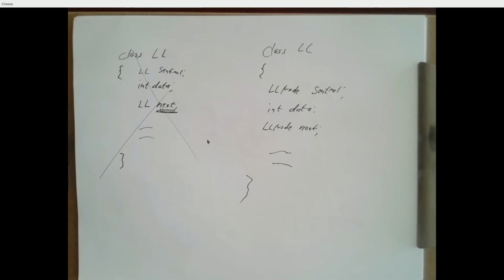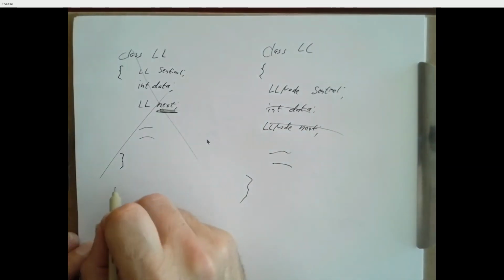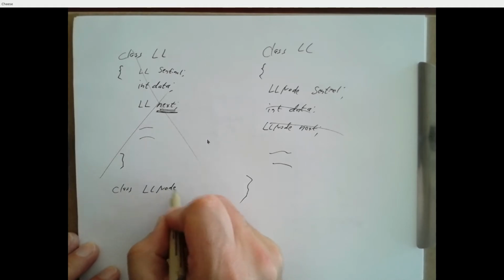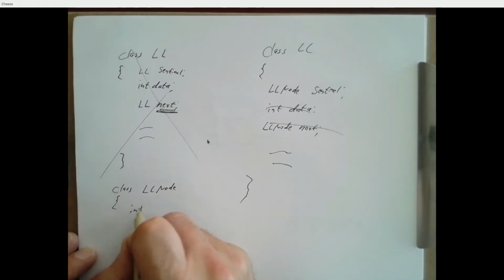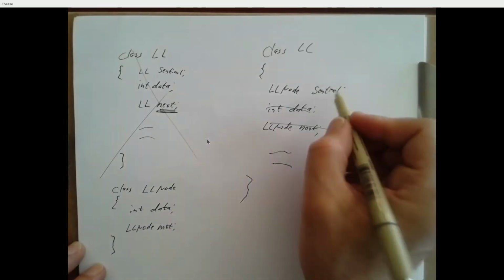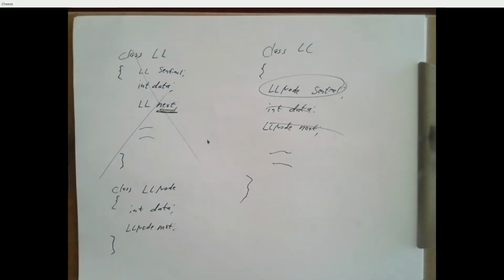So your linked list is a node which contains a piece of data and contains a pointer to another one. Sorry, let me do this. So your linked list is a collection of nodes, right?